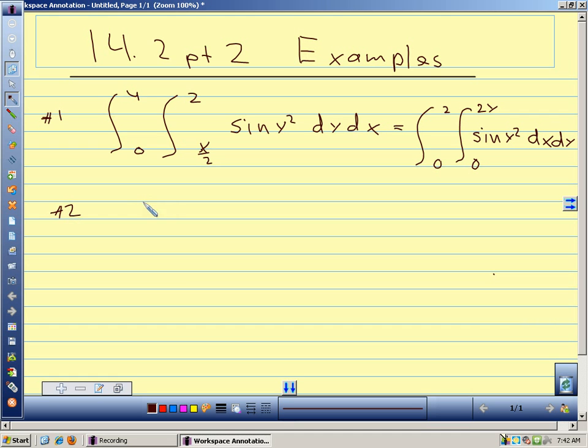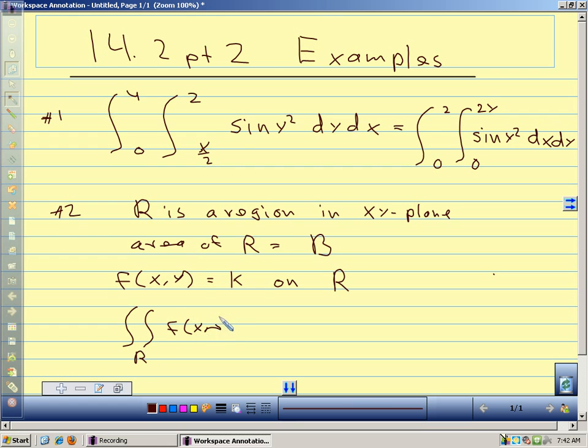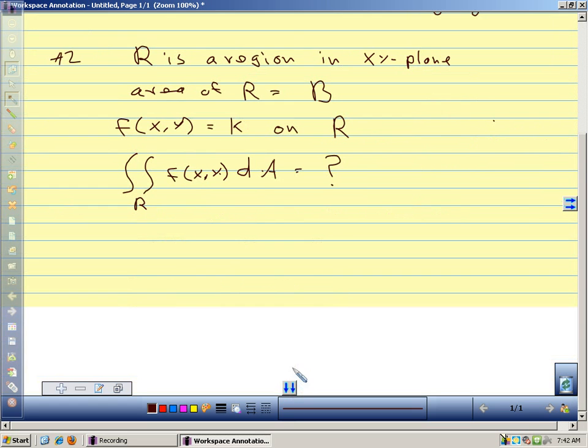Second question: we have a region. R is a region in the xy plane, and the area of R equals B. F of x,y equals a constant k on R. What is the double integral over the region of f of x,y dA?